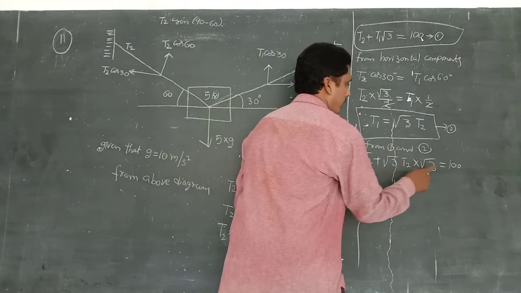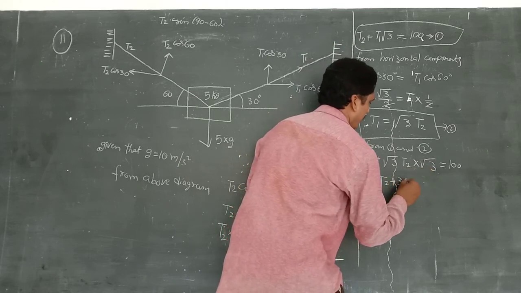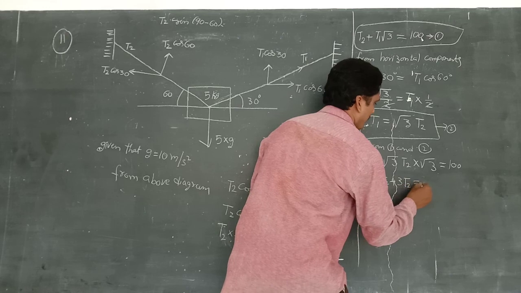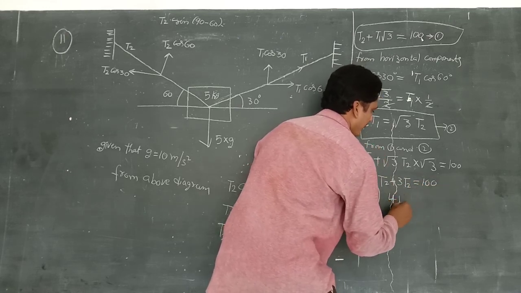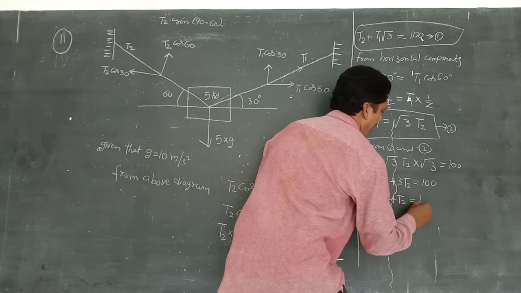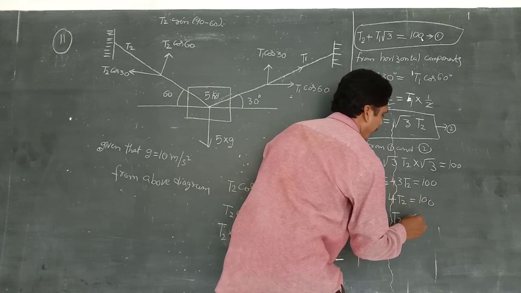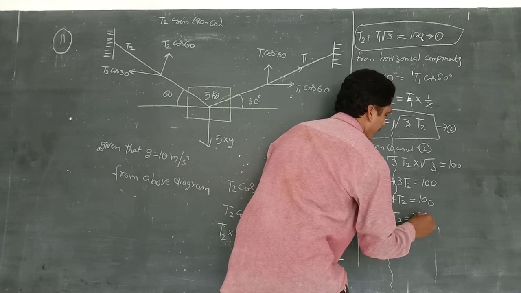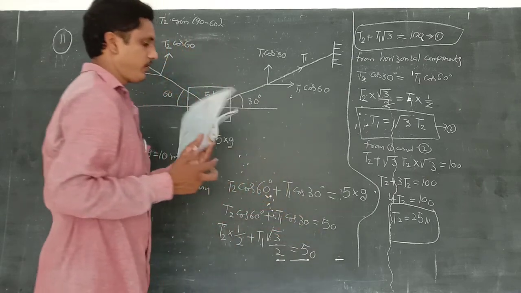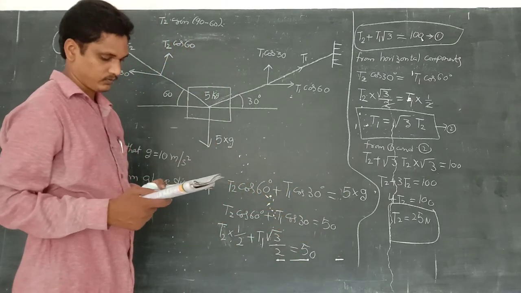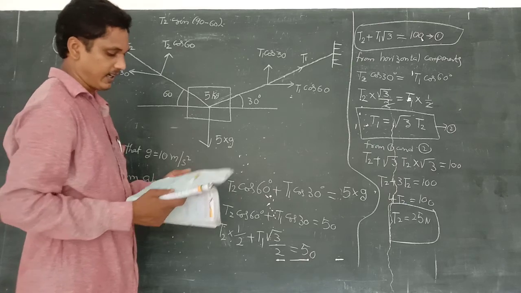Root 3 into root 3 is 3. So T2 plus 3 T2 is equal to 100, which gives 4 T2 equal to 100. T2 is equal to 100 by 4, that is 25 newtons. Second option.